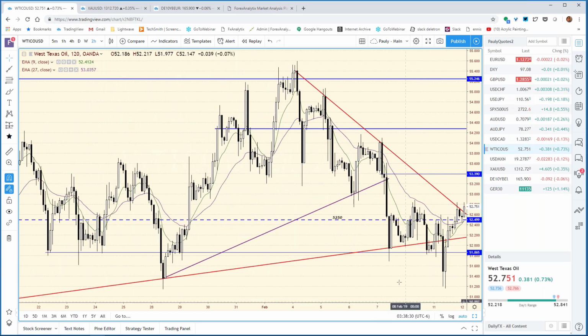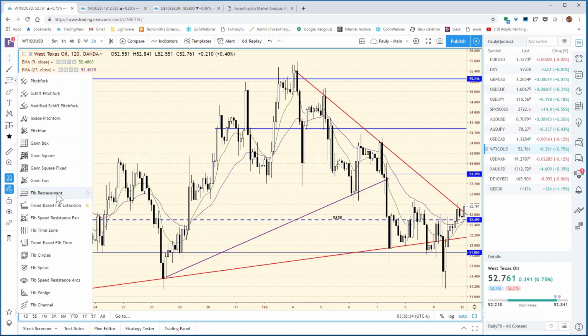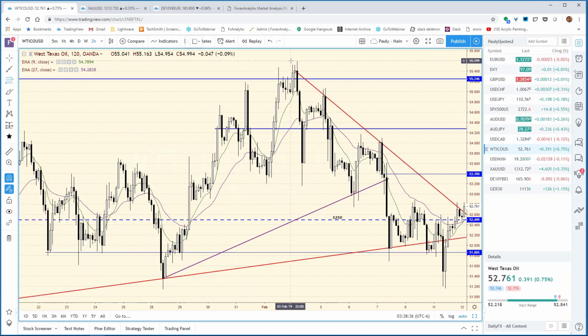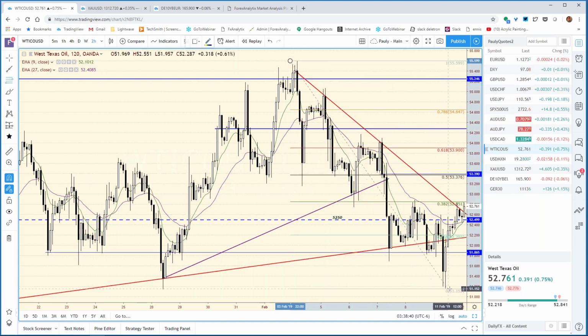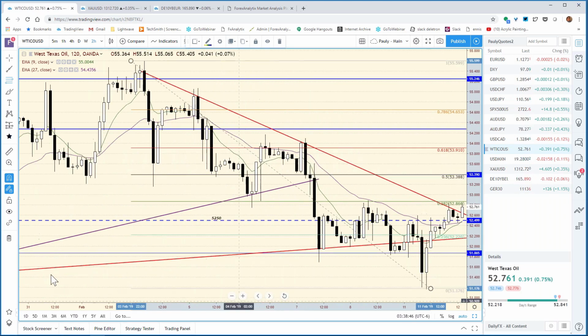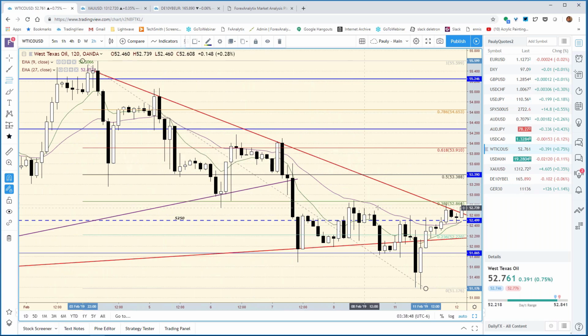The upside. Well, we just came up here to the 38%, basically almost to the pip, or tick, I should say.